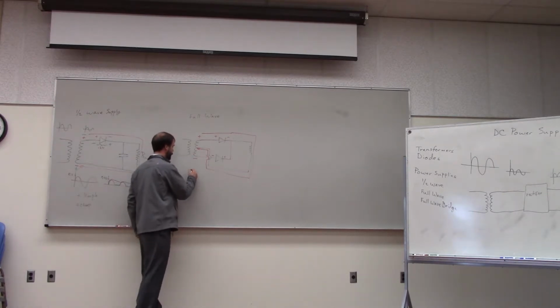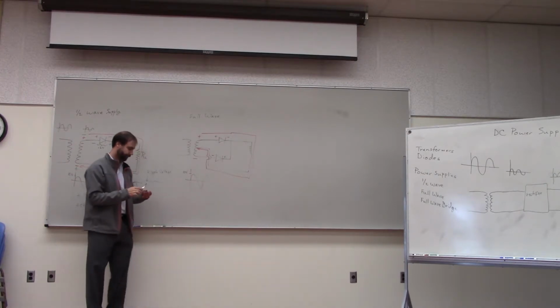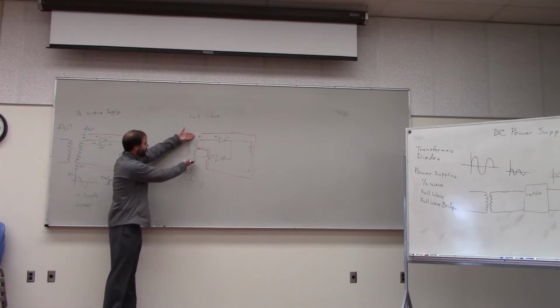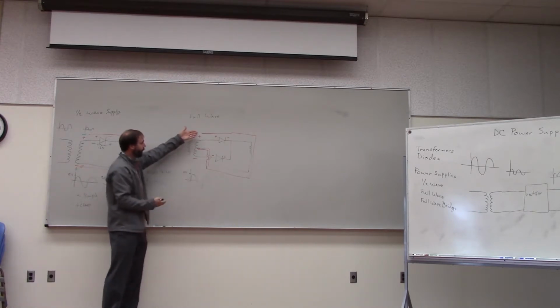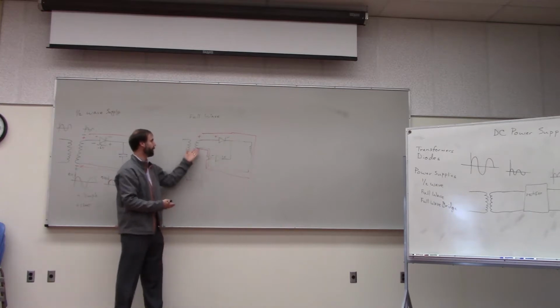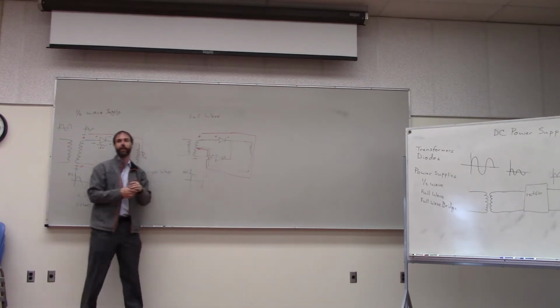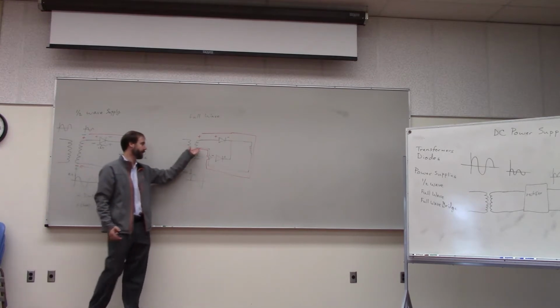So we can look at our input and output voltages again. So again, we'll have an input wave that's 10 volts peak. This is 10 volts from the top of the transformer to the bottom, but we are going from the top of the transformer to the middle. So how much voltage would we have from the top to the middle? 5 volts, right, half, exactly.